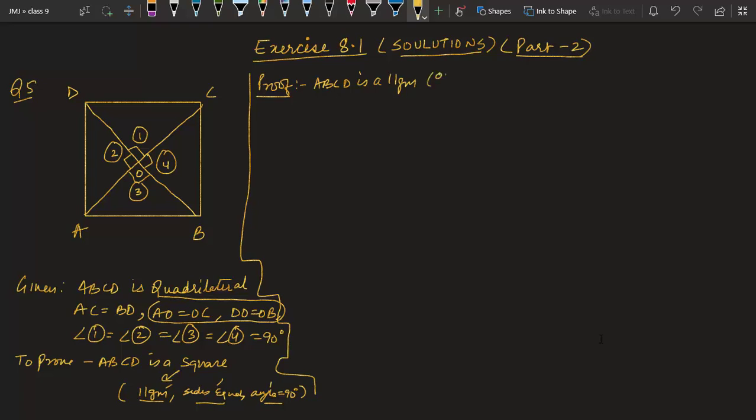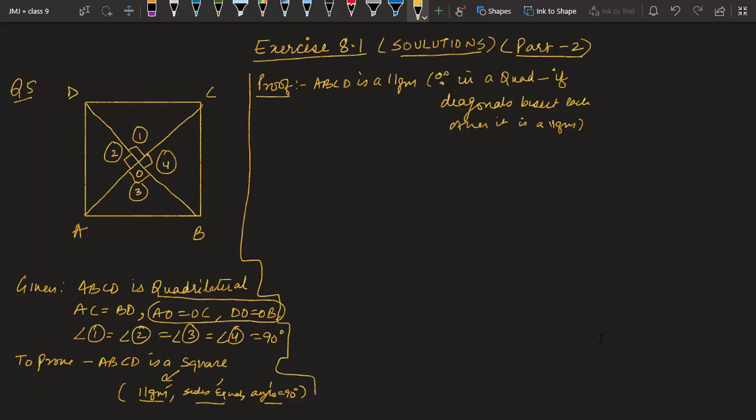So the reason is because in a quadrilateral, if diagonals bisect each other, it is a parallelogram. We have seen there are many conditions to prove a parallelogram. It is one of those.